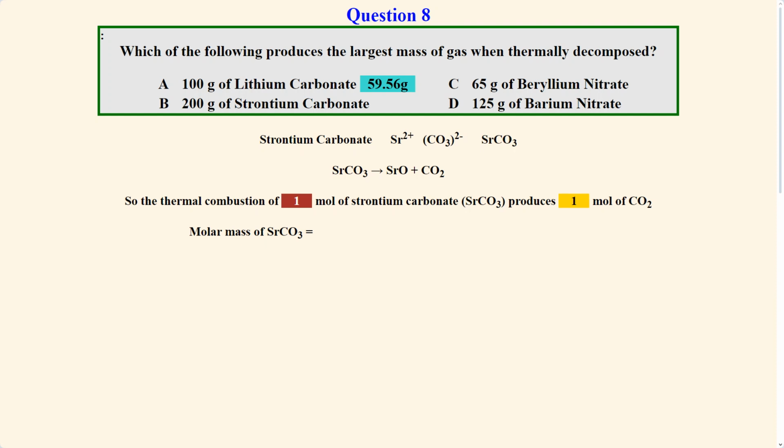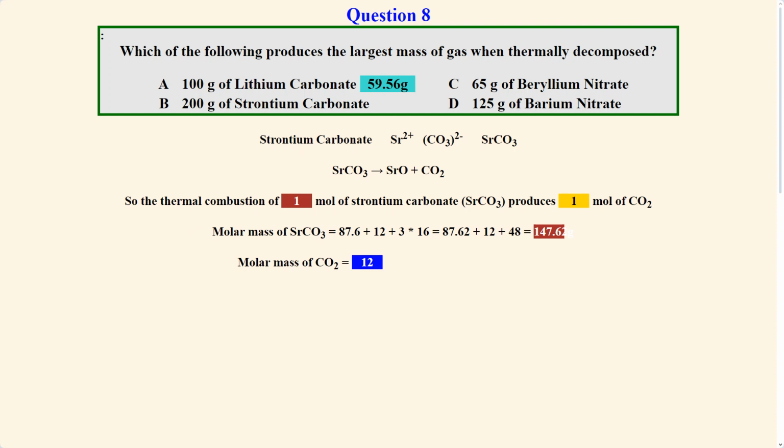So let's get the mass of 1 mole, and the molecular mass of strontium is 87.62 grams. Add on to that carbon 12, and 3 lots of oxygen, each oxygen 16. Adding the figures together, we get 147.62 grams.